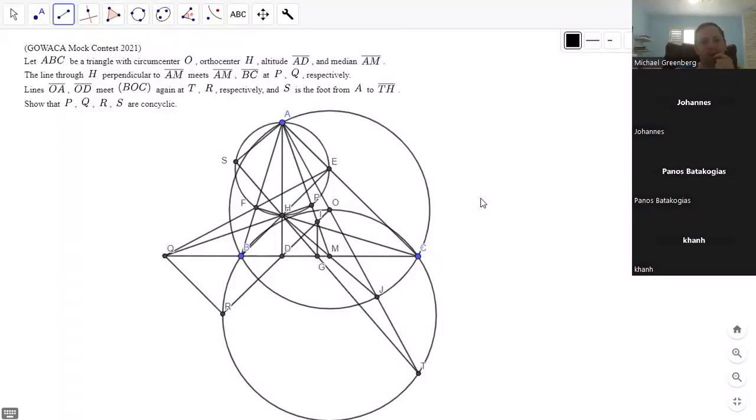So SHA and SRI. But SHA is a right triangle, right? Does that mean SIR is also a right triangle? Yeah, that's what we want to show, right? We want to show that S lies on the circle with diameter RI.